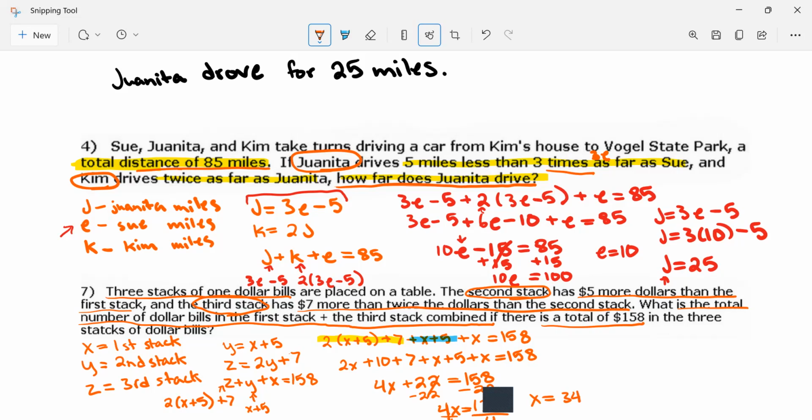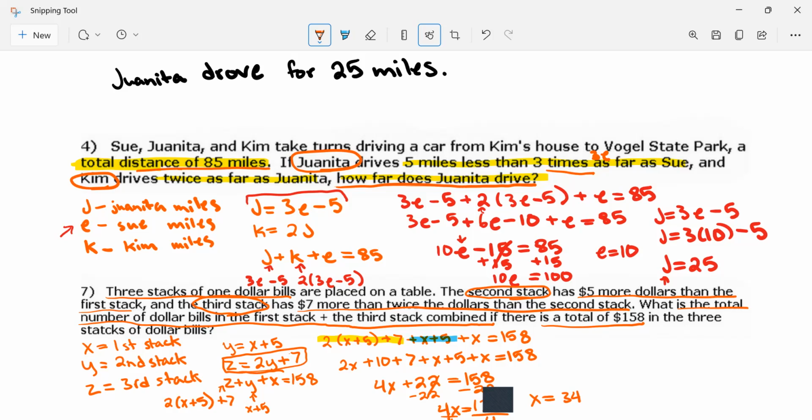And that is not our answer because it wants the number of bills in the first stack plus the third stack combined. We only have what's in the first stack. We still need to figure out what's in the third stack. So we need to also solve for this. We know that the first stack is 34.